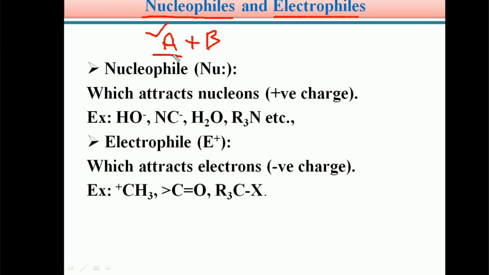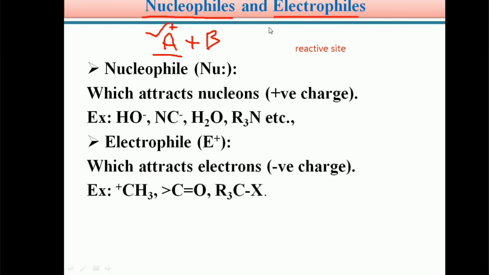As a result, that positively charged portion of the molecule or electron deficient portion of the molecule is taken as the reactive site. That reactive site is generally attacked by the reagent to form the corresponding product.